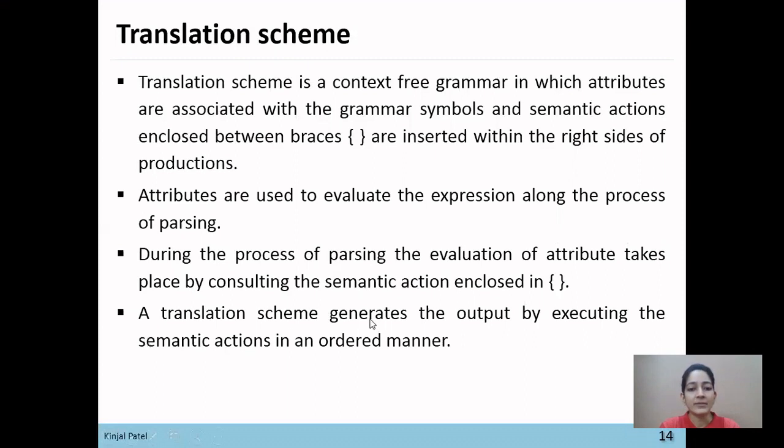And a translation scheme generates the output by executing the semantic actions in an ordered manner. So to perform the execution of a translation scheme, the semantic action should be enclosed in curly braces. This process uses depth first traversal, means from top to bottom and left to right manner.